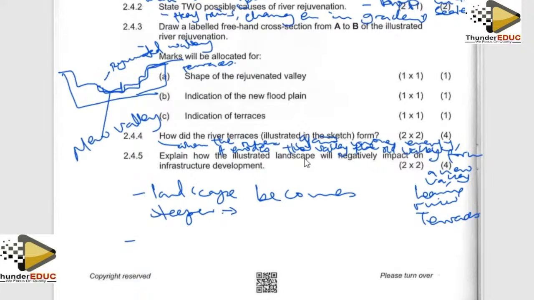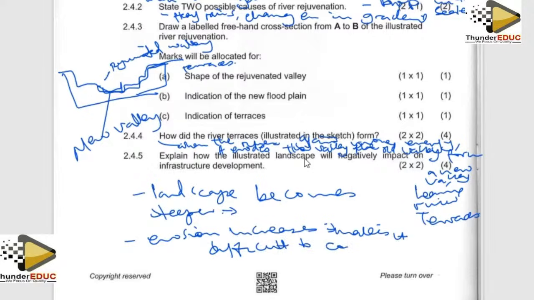Erosion also increases, and this increased erosion makes it difficult to construct for infrastructure development. Okay? For infrastructural development. So that is 2.4.5.